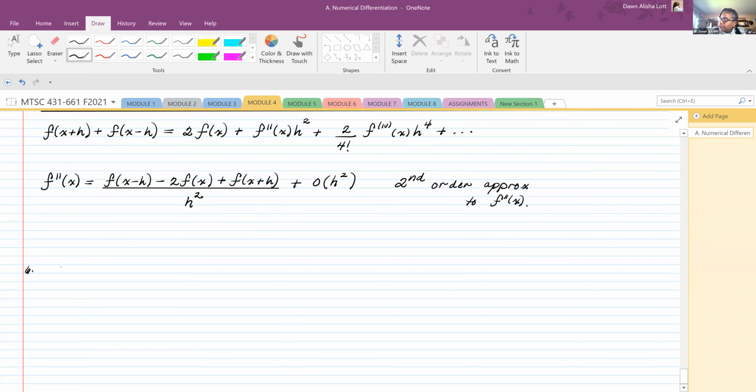Error improvement. Okay, so a couple things you can do. One, you can decrease the step size. Obviously, as you decrease the step size, it goes down by whatever the order of the error is.